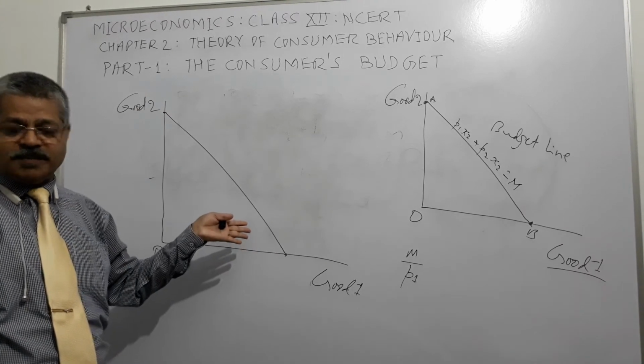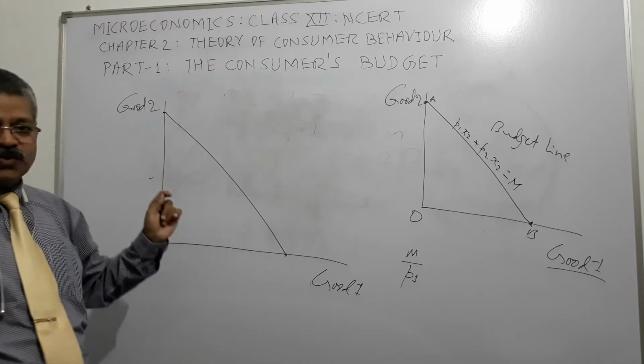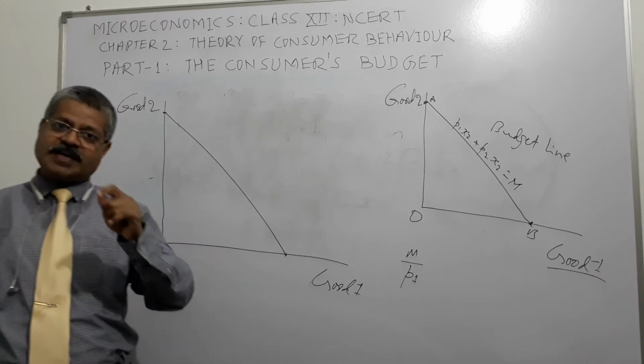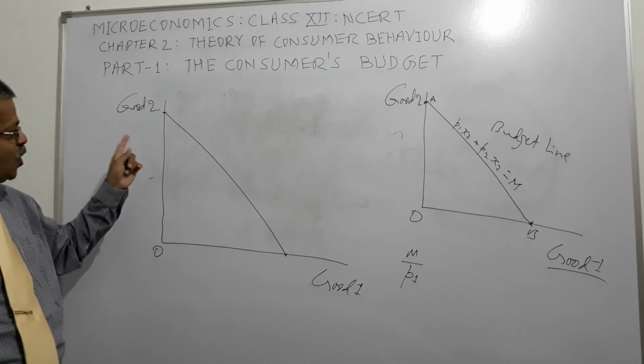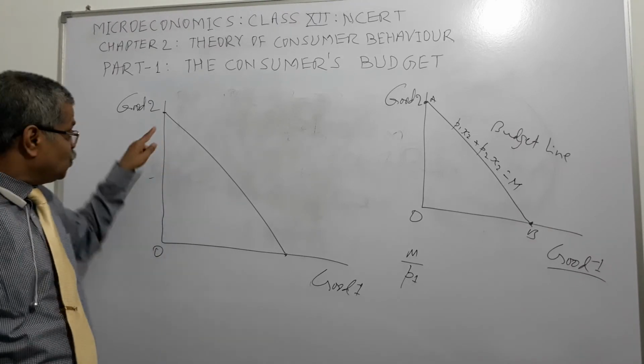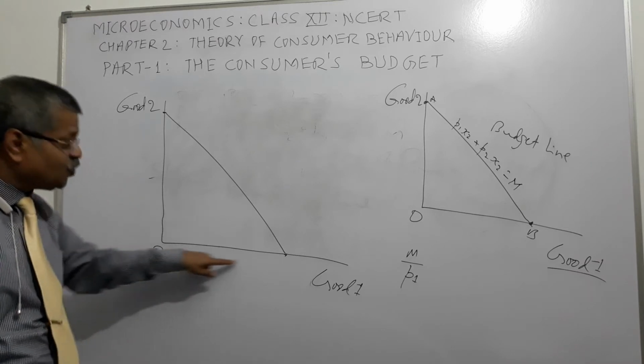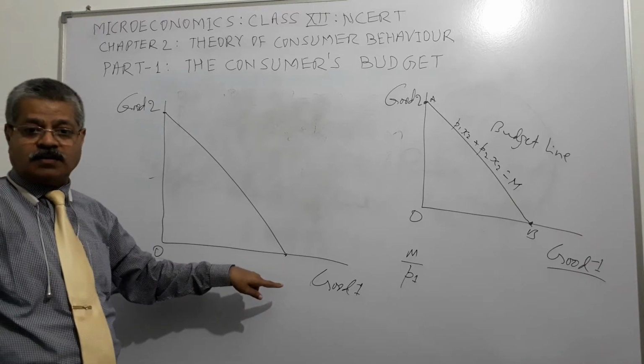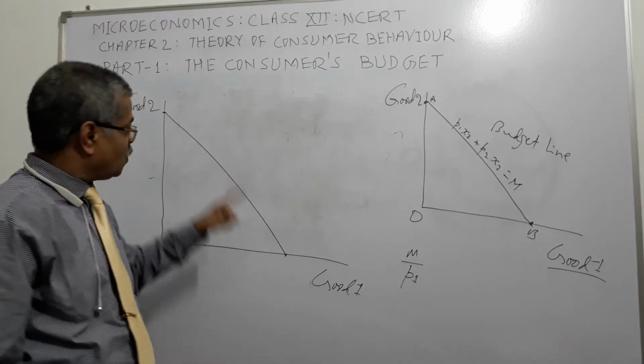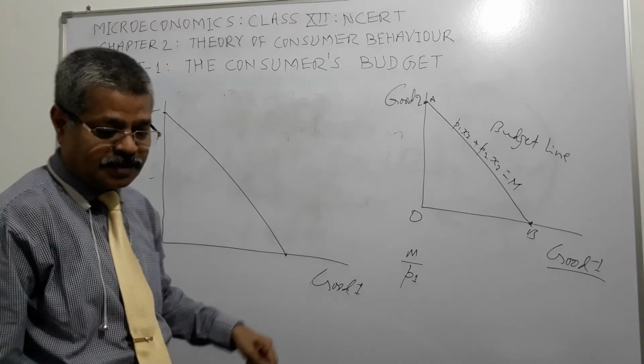Minus P1 upon P2. So the slope of the budget line measures the amount of change in good 2 required per unit of change in good 1, right? Along the budget line, correct?